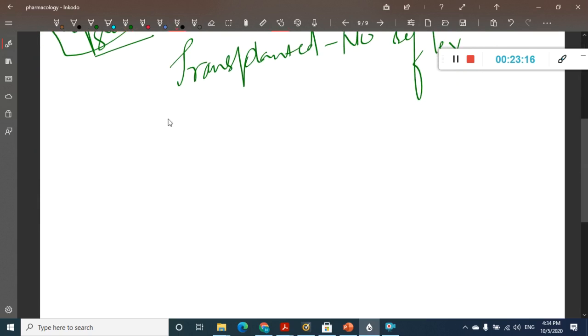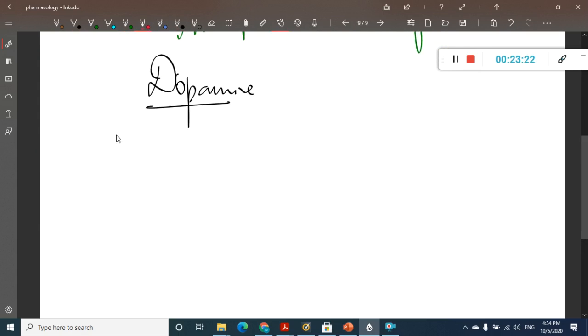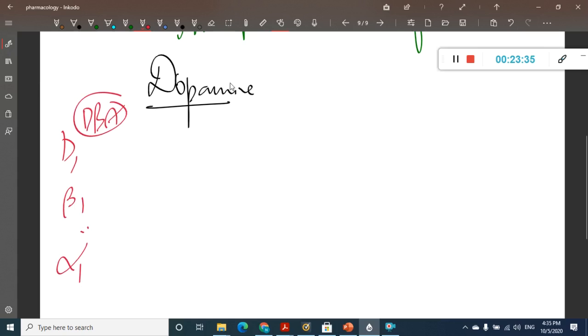Once you are done with noradrenaline, you should learn about dopamine. In dopamine, we have three receptors: D1 receptor, beta 1 receptor and alpha 1 receptor.